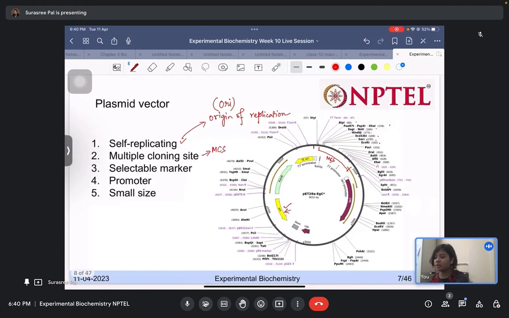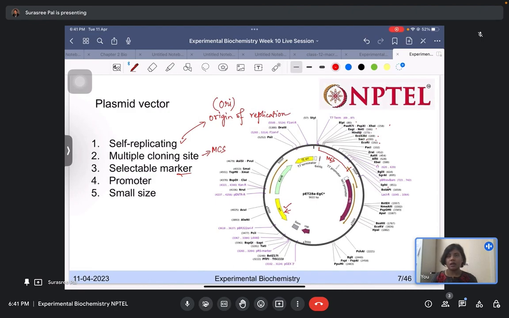Next, coming to the selectable marker. This selectable marker selects the propagation of the plasmid in the host bacterial strain. It is usually an antibiotic resistance gene.